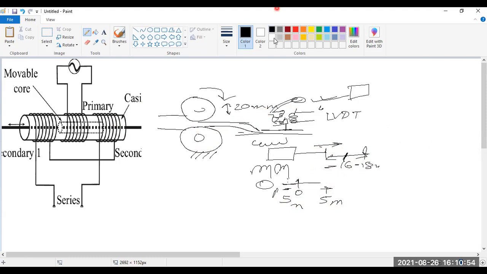This is the main topic for the LVDT. Now, if we plot some range, I just want to share this.